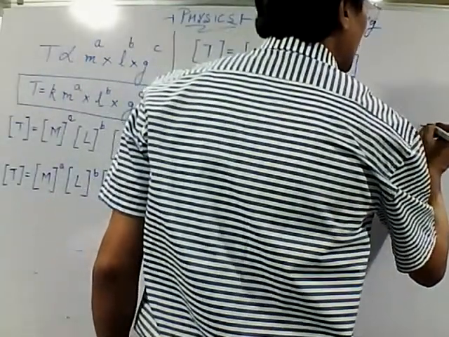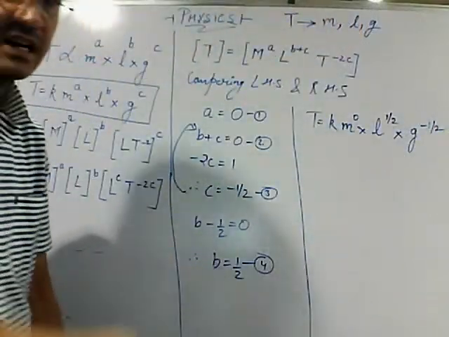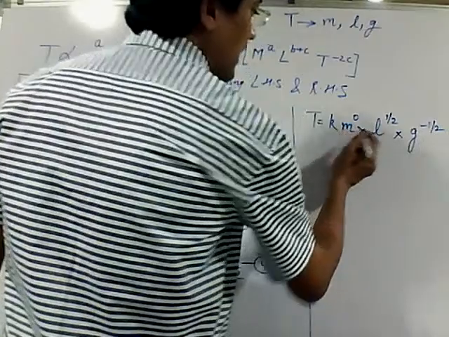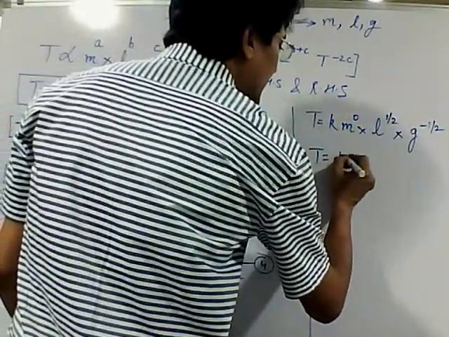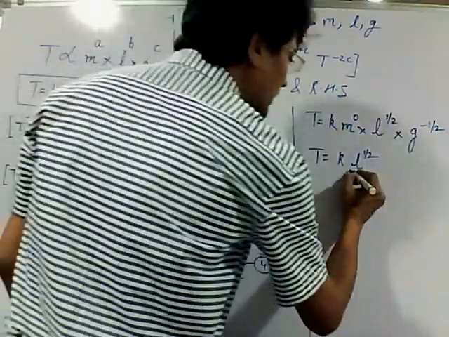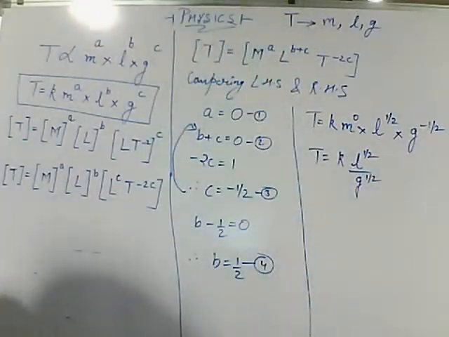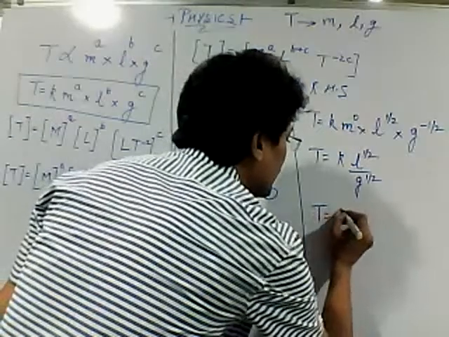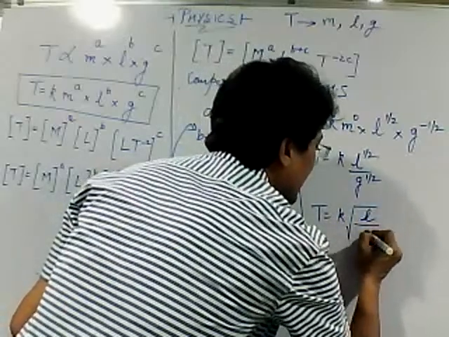M to the power 0 is 1. Let us remove it. So I'll get T is equal to K, L to the power 1 by 2, G to the power minus 1 by 2. I can write it as T is equal to K under root L by G.